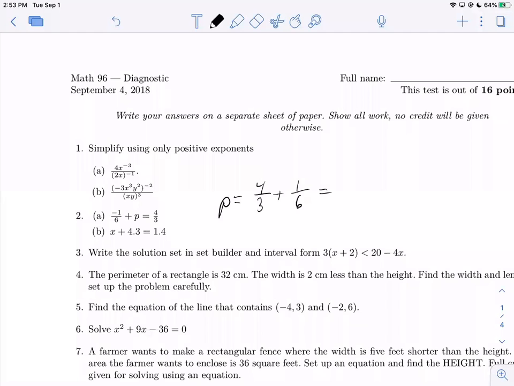What's the main thing we need to do to combine fractions here? Or you can just blurt it out too. Common multiples. Yeah, common denominator. To make it a common denominator, you have to make this one a 6. So this would be the same as 8 over 6 plus 1 over 6. And so this is just going to be 9/6.